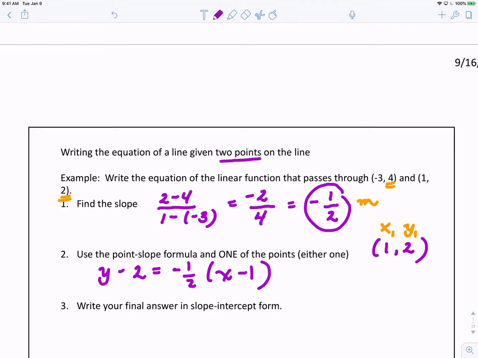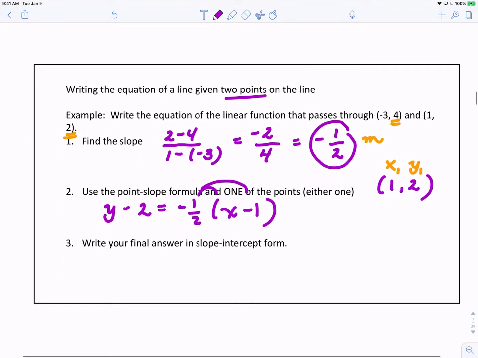And now this really is the equation of the line. All we do now is clean it up a little bit, solve for y, and then write it in function notation. So we're going to go ahead and distribute. That tells us that y minus 2 is equal to -1/2 x plus 1/2.